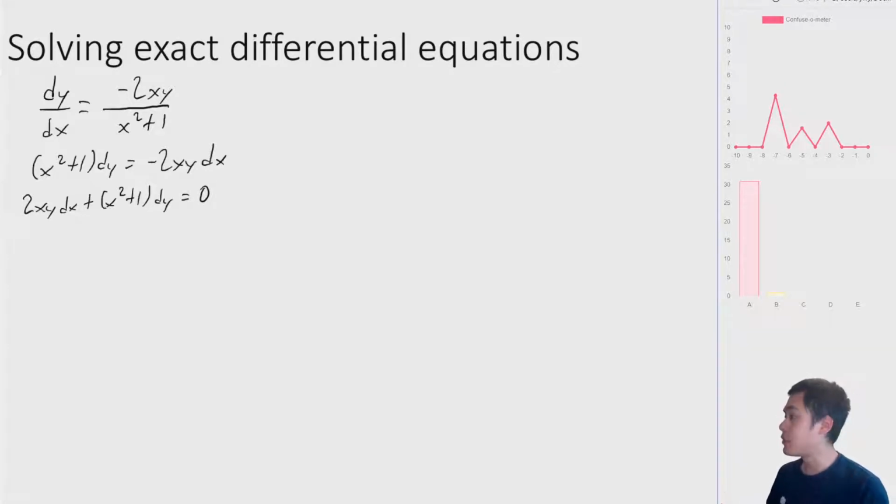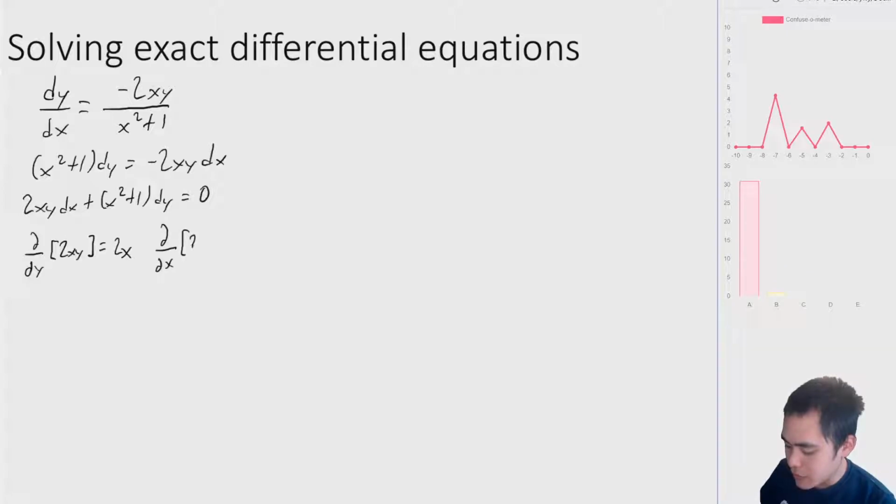And notice that this is a differential expression, and you have del y of 2xy is equal to 2x, and you have del x of x squared plus 1 is equal to 2x. So this is exact.